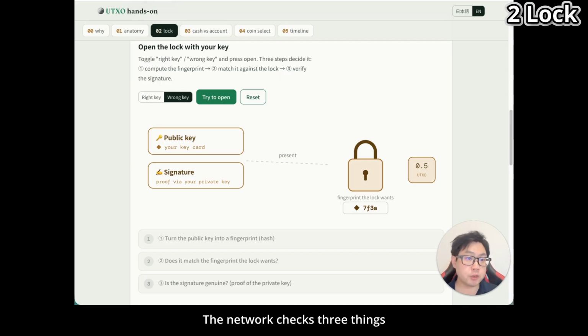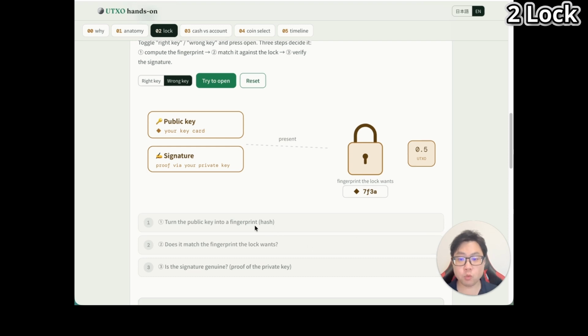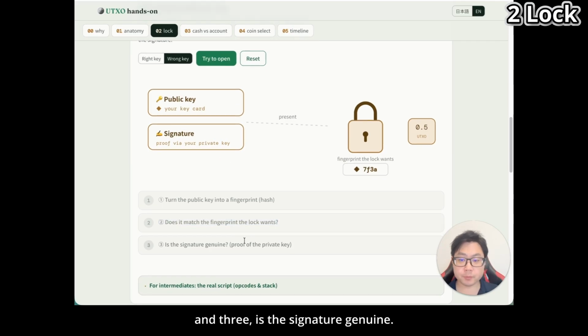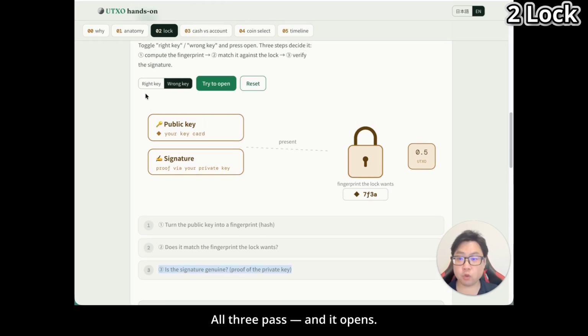The network checks three things. 1. Compute a fingerprint from your public key. 2. Does it match the fingerprint on the lock? And 3. Is the signature genuine? All three pass and it opens.